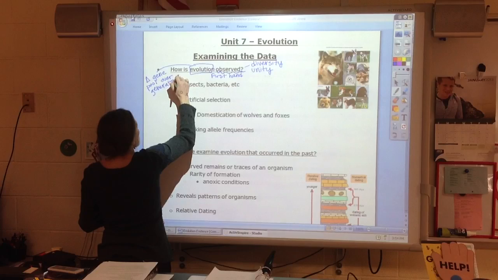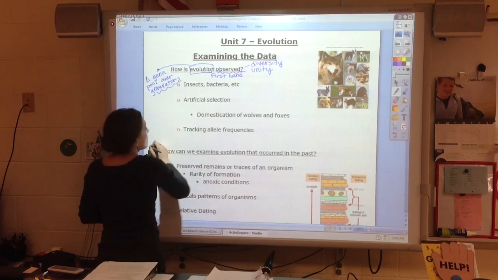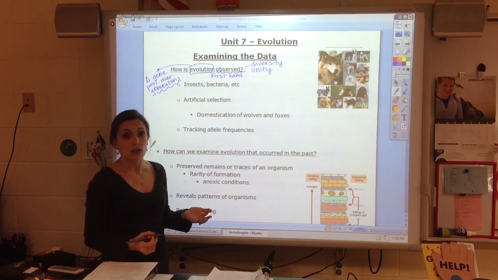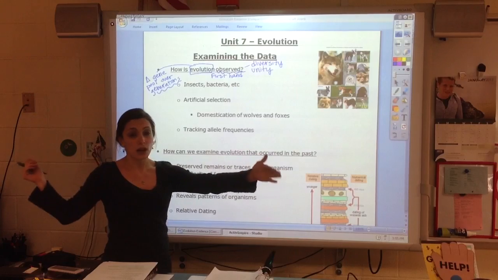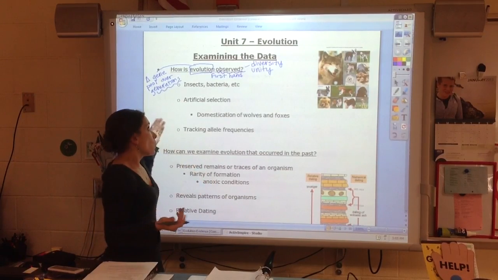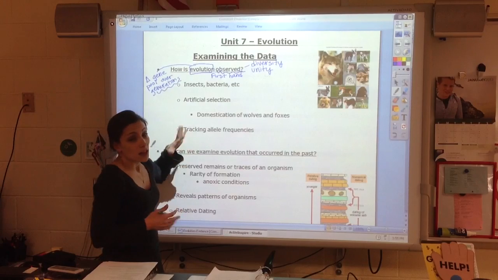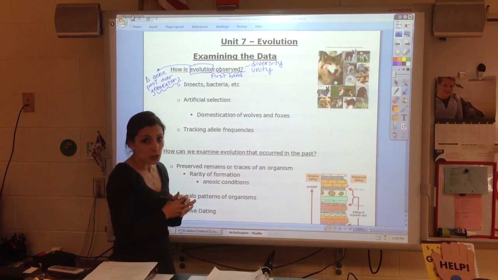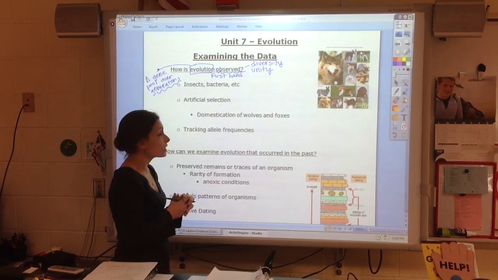So one of the things we have to pay attention to is the length of the generation. And so organisms that have a long time between generations, so for example mammals, we're going to see that it's a lot harder to observe evolution when there's a long time between generations.